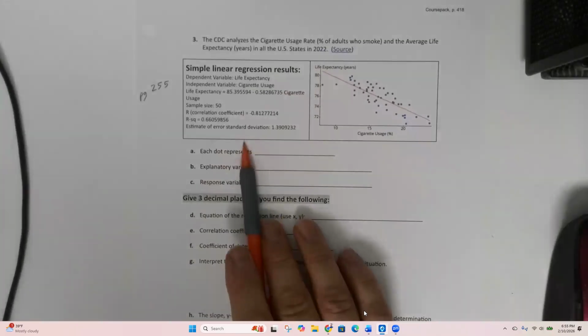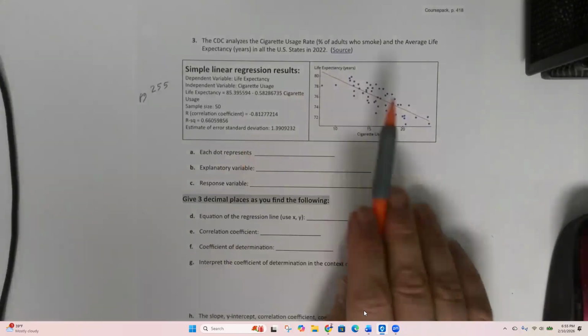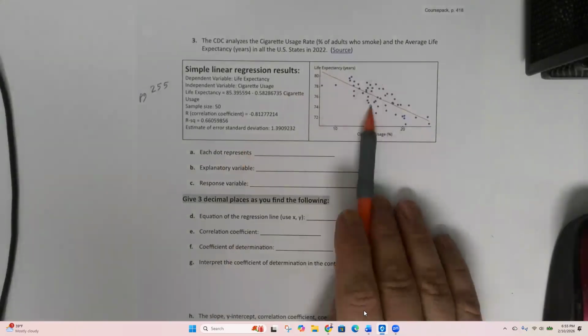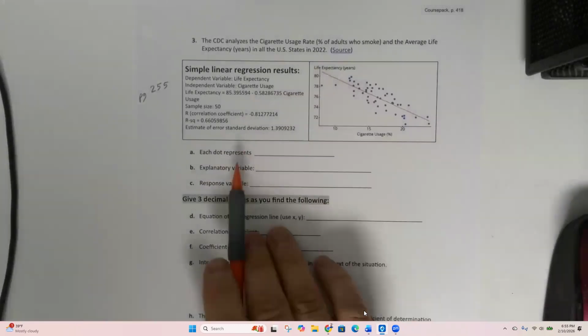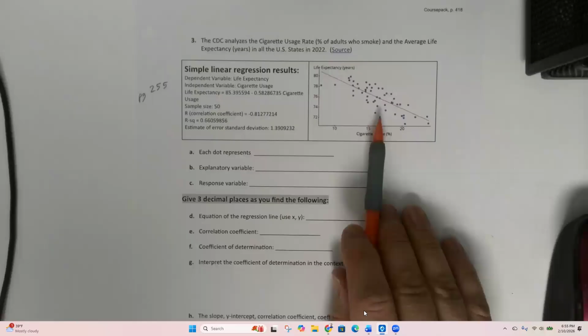Yeah, so Gabby, I'm not sure if that is included in here or not. But question A, each dot represents what? Is each dot a smoker?